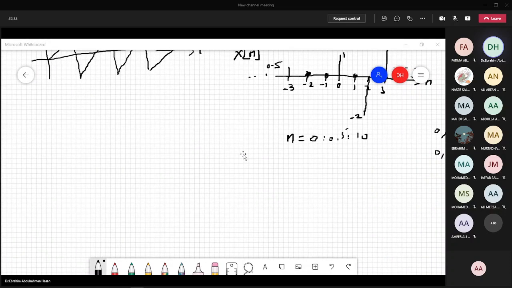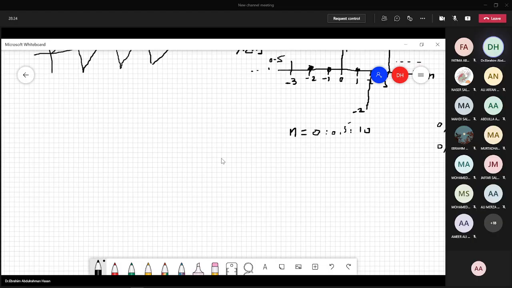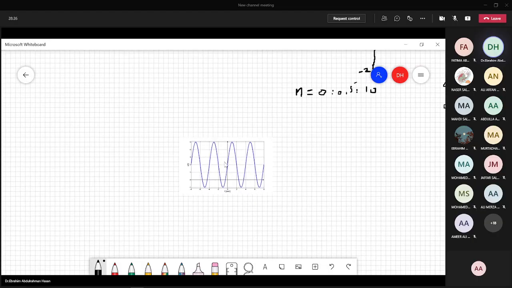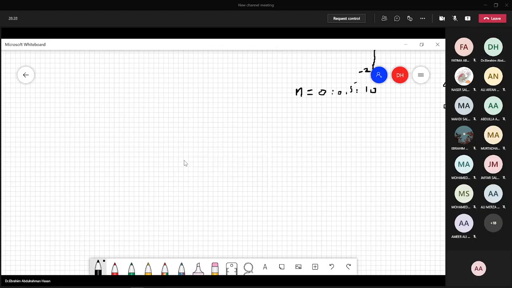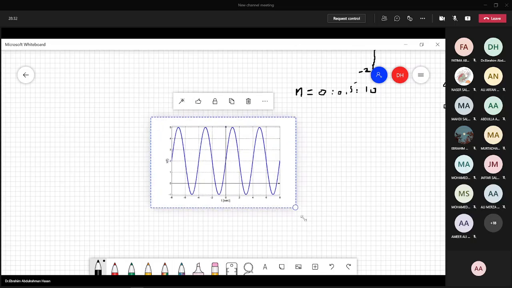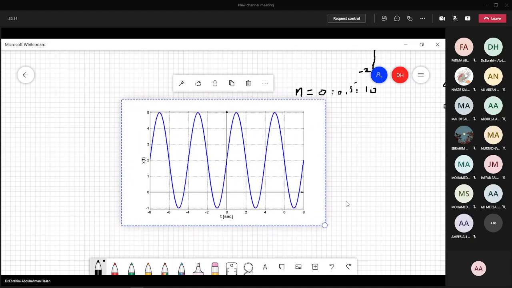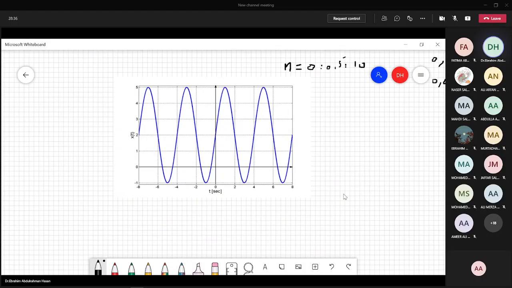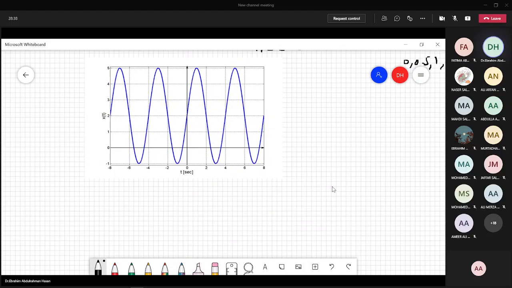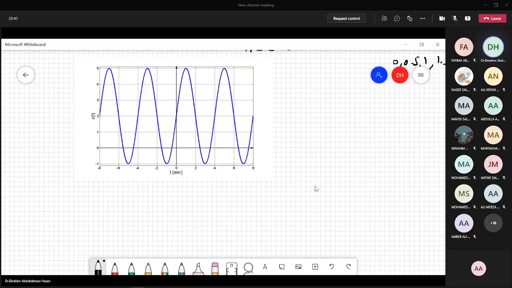Let me say that I have this signal and I want to store it in my computer. Of course, in the end, if you are doing some experiment in the lab, you are not taking all the values, 100%.